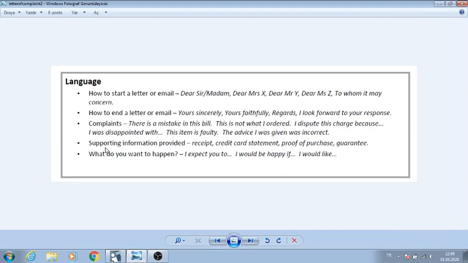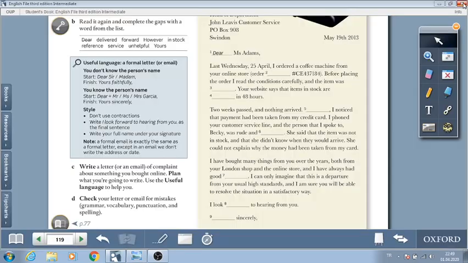Supporting here means, for example, you will tell reference numbers, you can add receipts, you will tell about your credit card statements, maybe guarantee or proof of purchase. And what do you want to happen? You will write, I expect you to, I would be happy if, or I would like you to. Yes, the style of letter of complaint is like this.